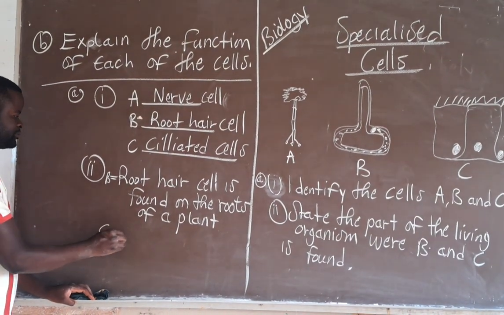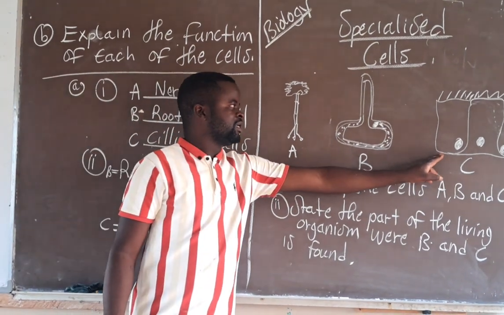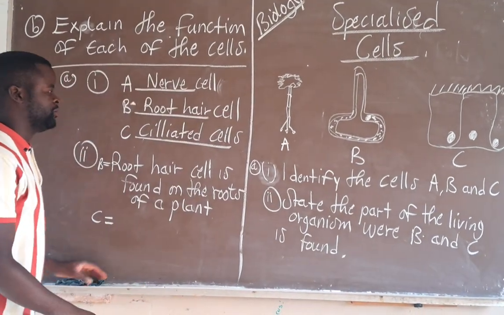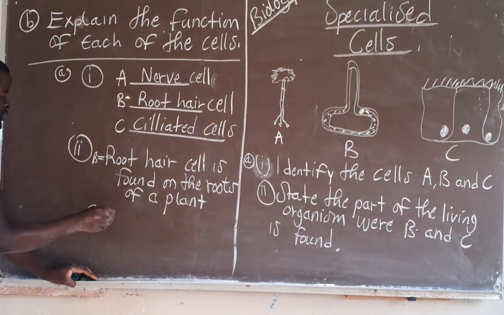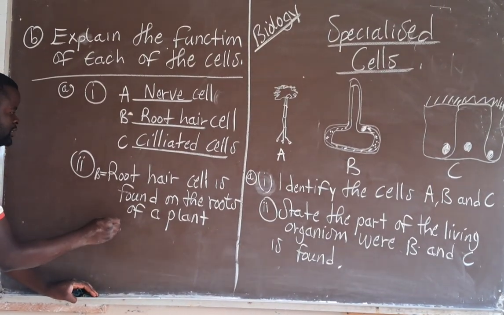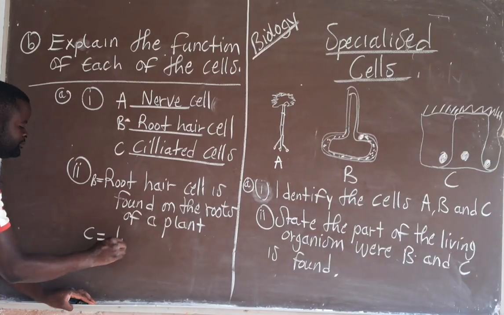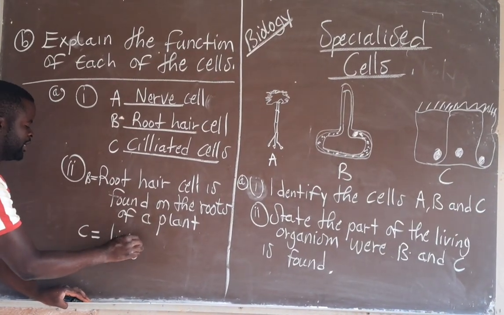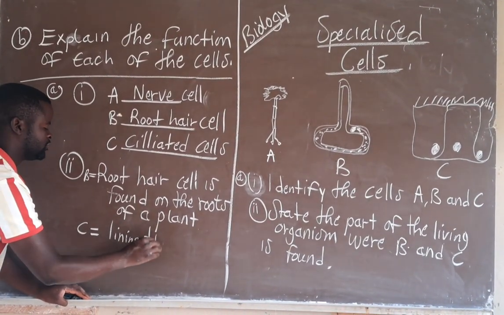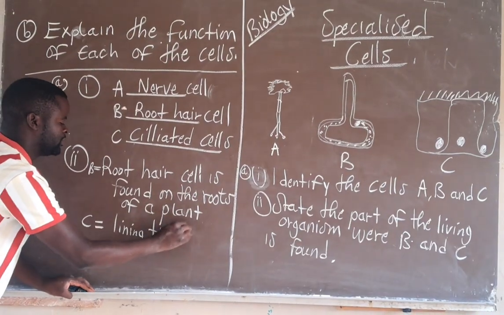Let's go to cell C. We said cell C are ciliated cells. So where can we find cell C? They are found in the lining of the respiratory tract.